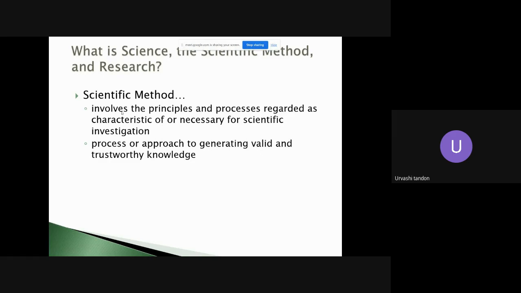Scientific method involves rules and processes regarded as the characteristics of or necessary for scientific investigation, right? It means a process or an approach to generate knowledge which is trustworthy and valid. So scientific method is based on certain assumptions.